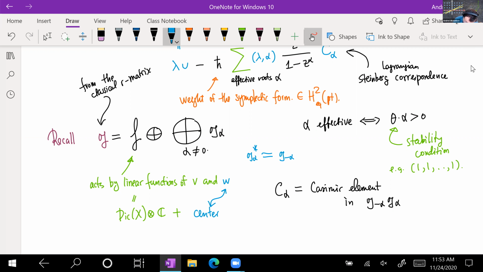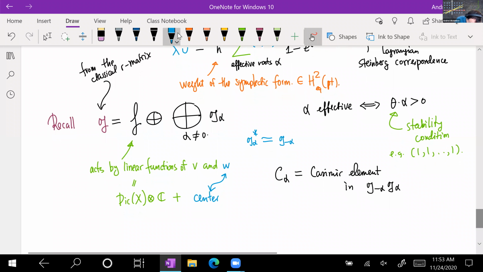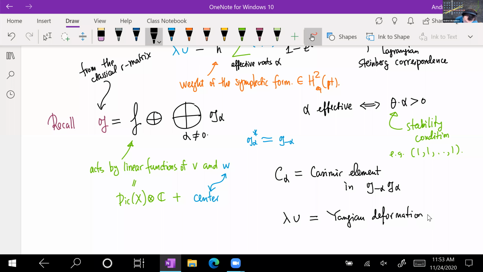And while we're at the topic, one can also say what is lambda. This is the Yangian deformation of lambda times t, and this would be in H t, right? So lambda was an element here. So this is my Cartan subalgebra. And then in the Yangian, this is a deformation of polynomial functions with values in my Lie algebra.